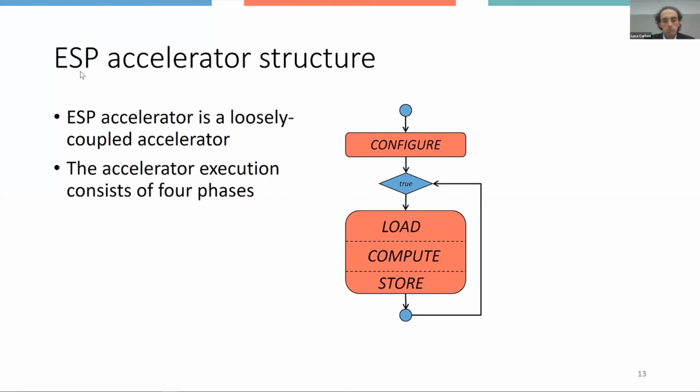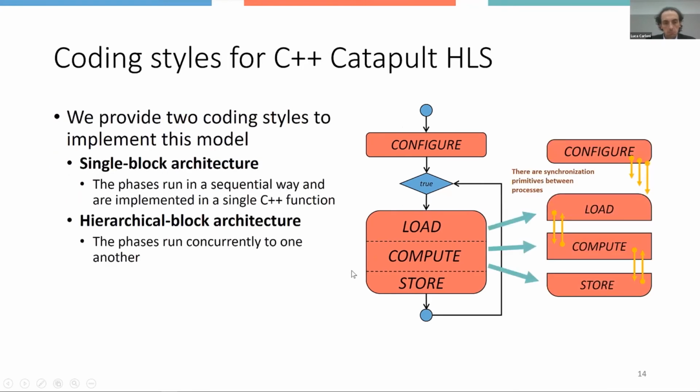I want to remind you that an ESP accelerator is a loosely coupled accelerator, and in particular the accelerator execution consists of 4 phases. There is a configuration phase, and after the configuration phase the accelerator iterates over a load, compute and store phase. For Catapult HLS we have defined 2 different coding styles.